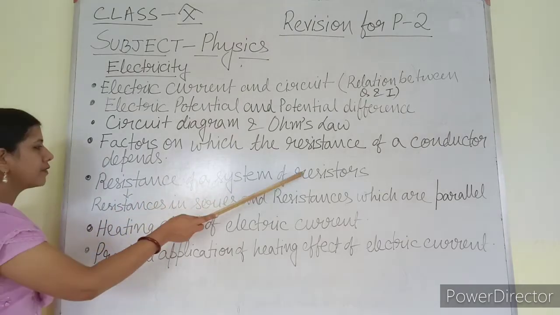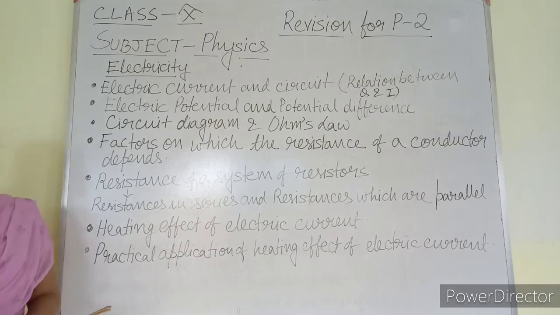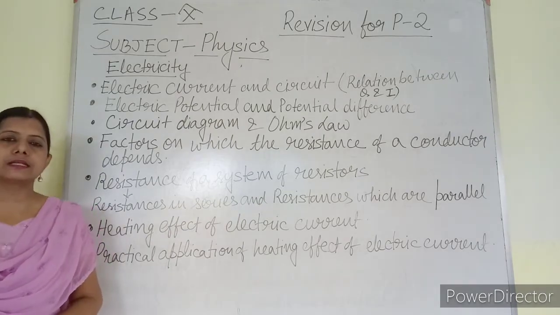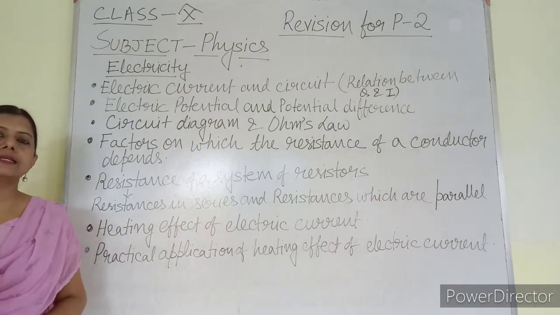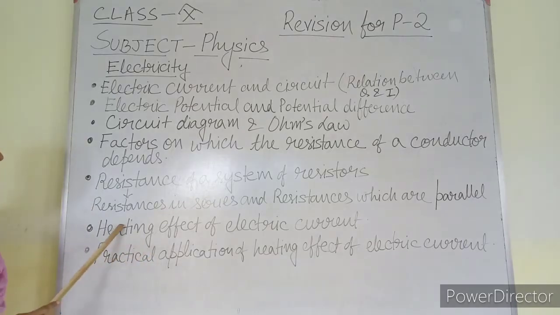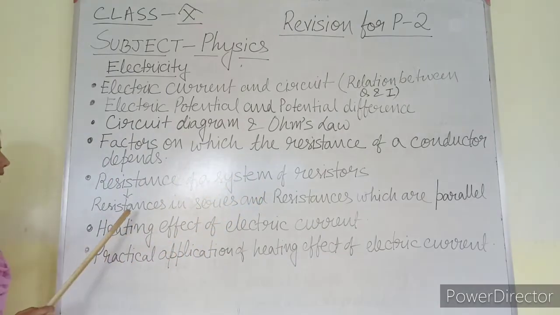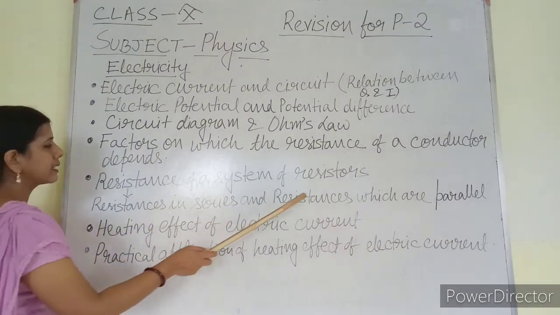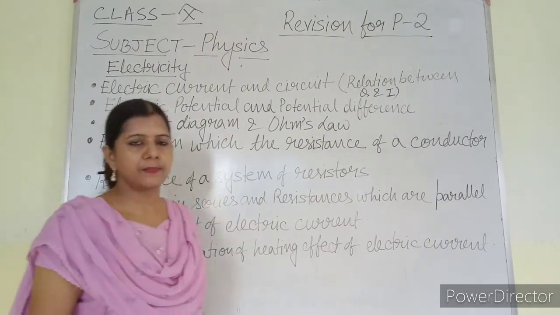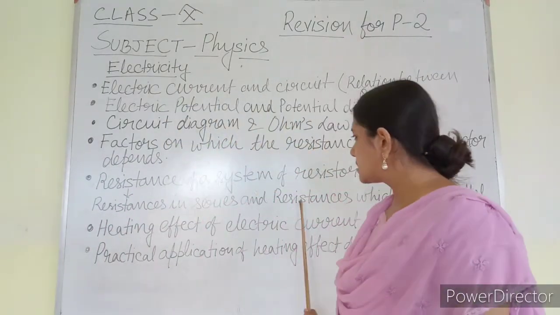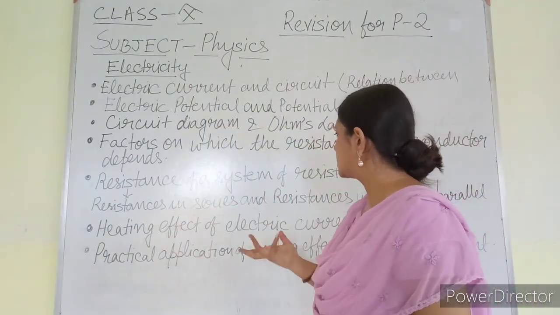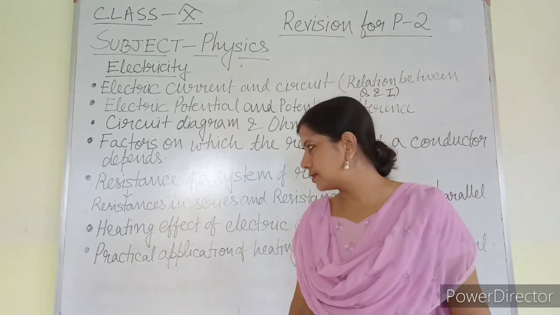Next, resistance of a system of resistors. Two or more than two resistors are connected together. It can be in two ways: one is in series, another is in parallel. Resistors can be connected in series, or they can be connected in parallel. So this will give you the resistance of a system of resistors.